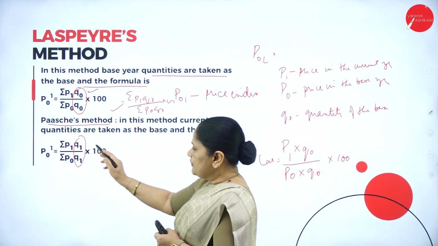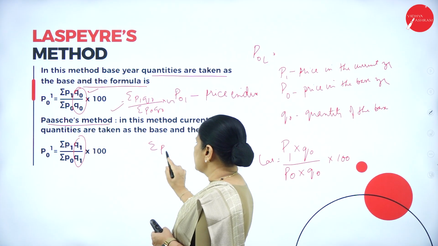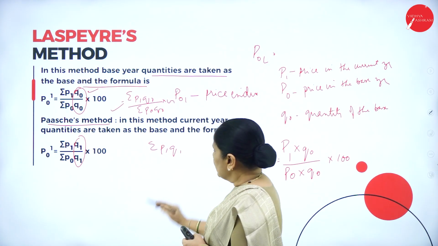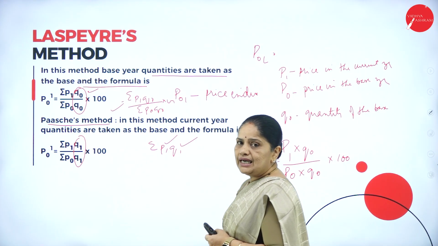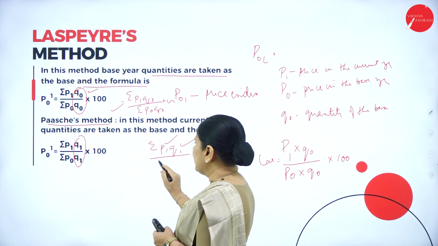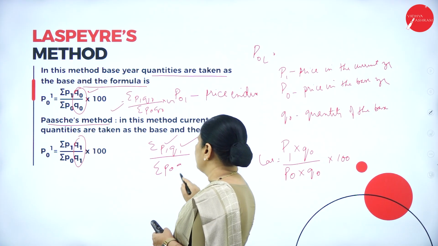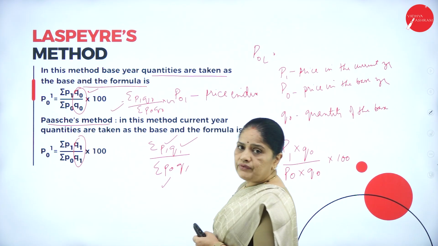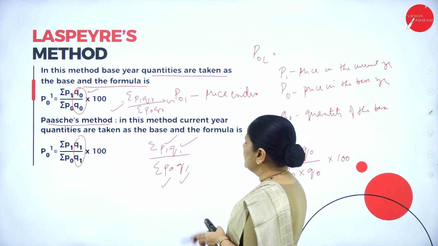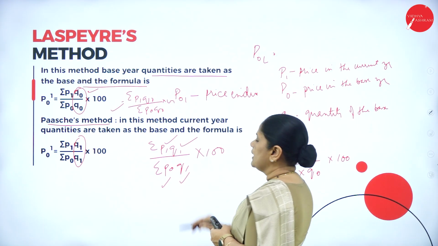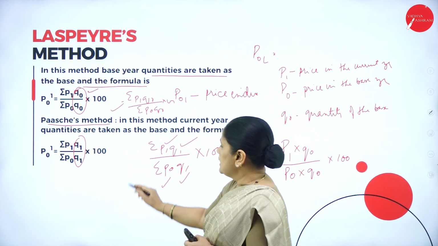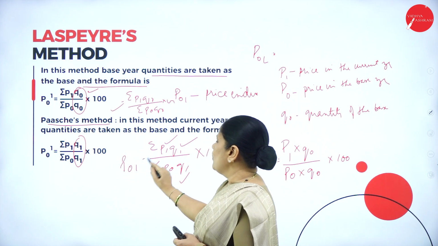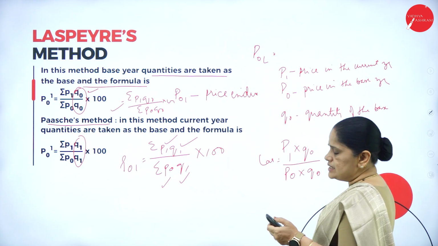Here we are taking summation P1Q1, that is the price of the current year into the quantity of the current year, divided by summation P0Q1, that is the price of the base year into the quantity of the current year, into 100. So when we do this, we get the index number P01. That is Paasche's method.